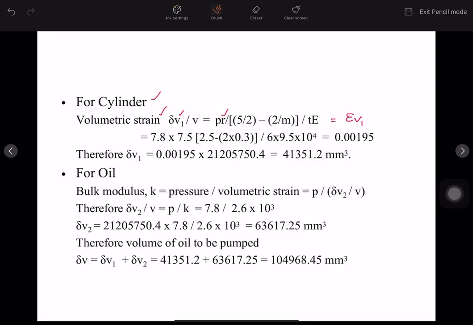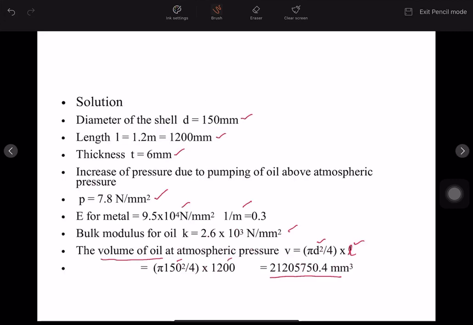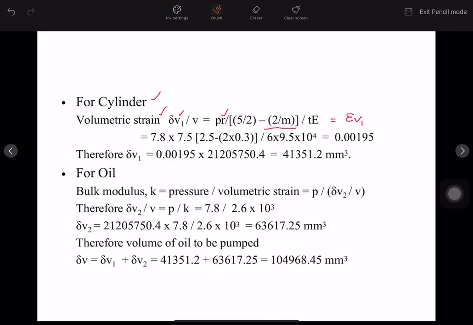No need to get confused. This equation and the equation which we have derived here are both the same, just a small manipulation.